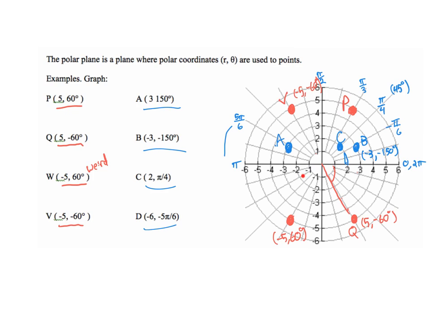So here's -5pi/6. So this angle is -5pi/6. And then to count backwards, I would count backwards a whole 6 units. So let's count back from 0: -1, -2, -3, -4, -5, -6. Way out here.